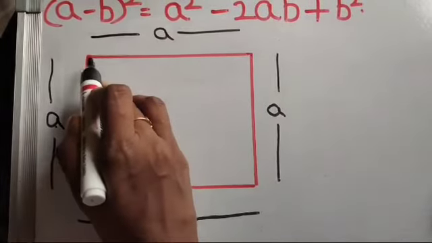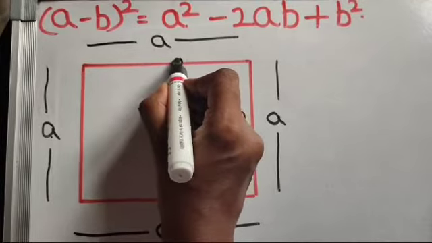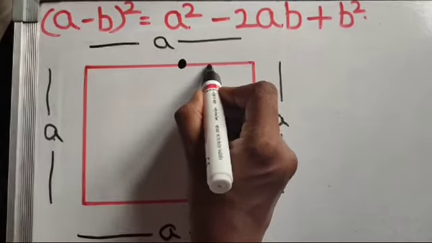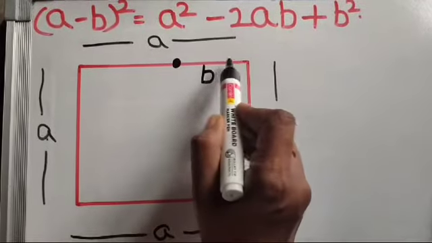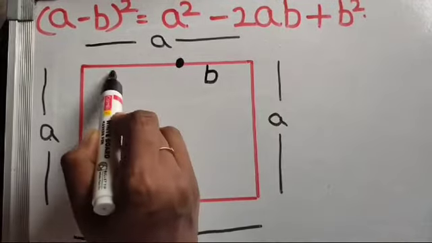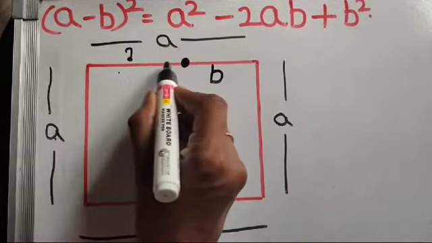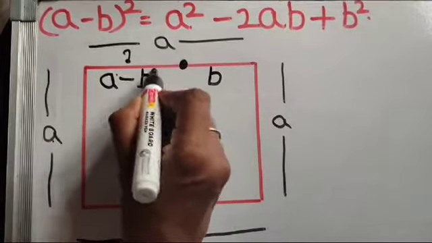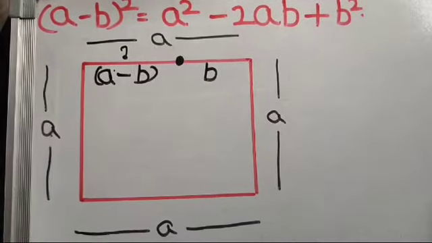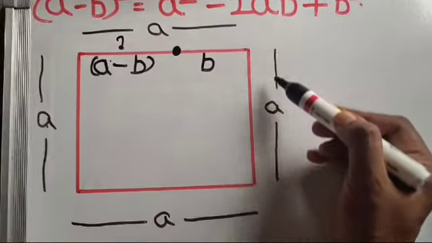Now what we have to do? In that length, take some portion or some part and mark it as B. So the length of that portion is B, and what is the length of the remaining portion? It gives A minus B. In the same manner, we have to do this for the remaining sides also.